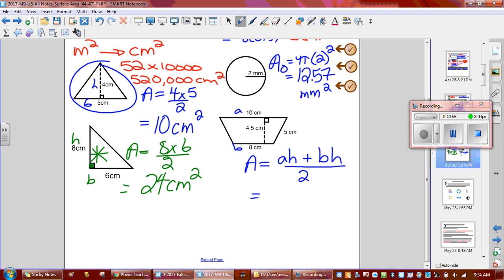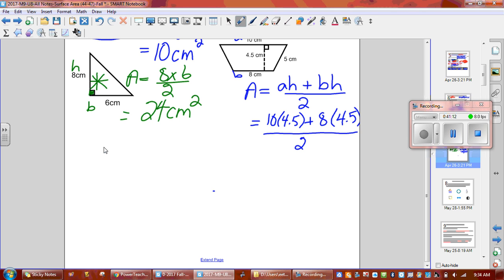Now, because it's in fraction form, we have to solve the top completely to one number before we can divide by 2. So again, BEDMAS applies. We've got to do the multiplying and the multiplying before we can do the adding. So that's going to give us 45 plus, is that 36?